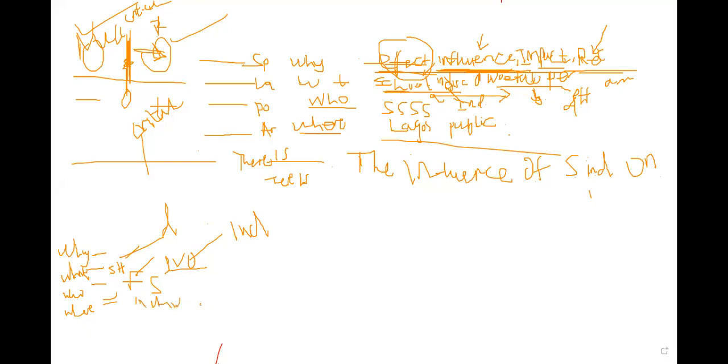Okay, so if you want to write this topic now, what do we use? Is it also influence? It's still influence, because they're not going to be manipulating anything. So what we have now is the influence of what on what?